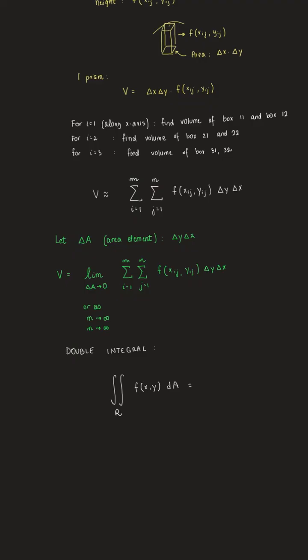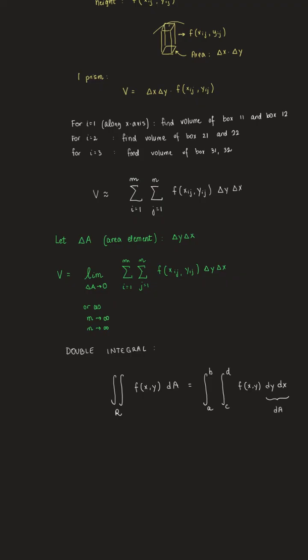And with our partition that we had before, we can say that's going to be the same as the integral from a to b, integral from c to d, of f of x, y dy dx. This is also our area element here, our area differential. This represents dA.